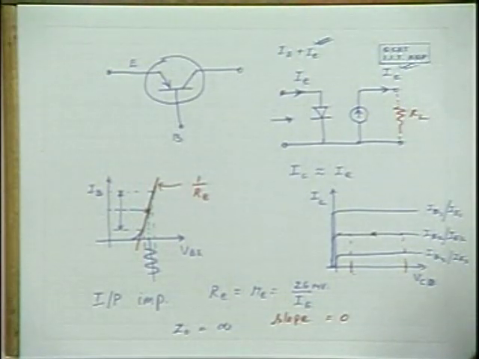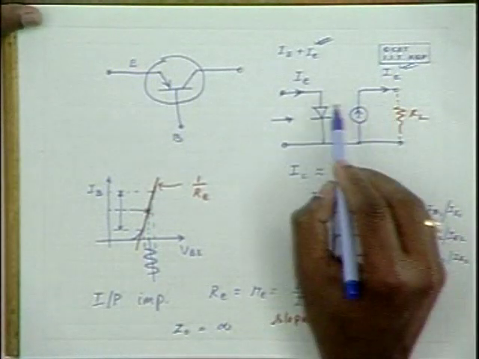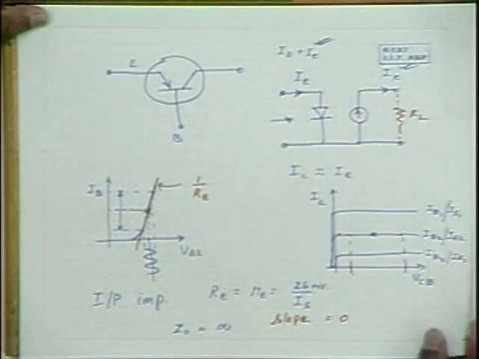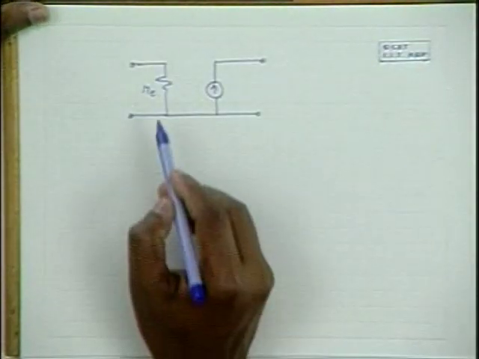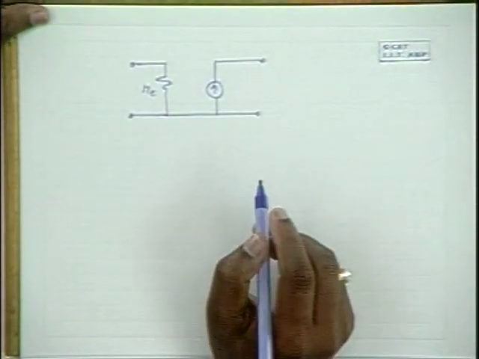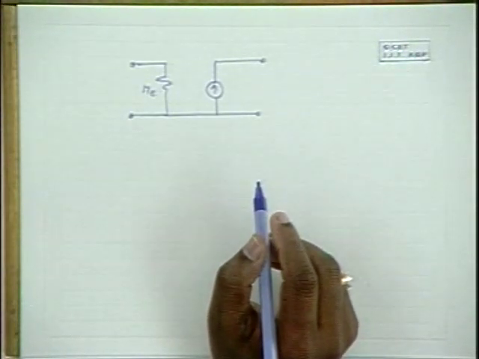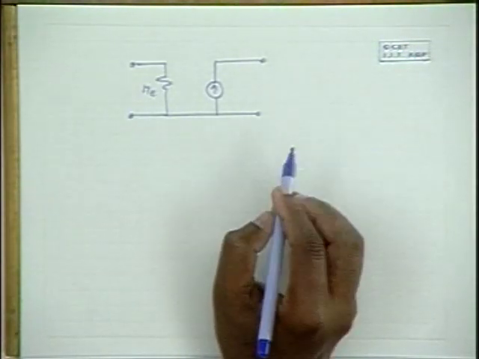Hence, the model can be expressed in this form. So this is the model for the transistor in common base configuration.